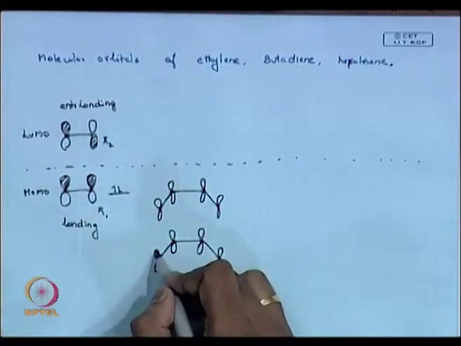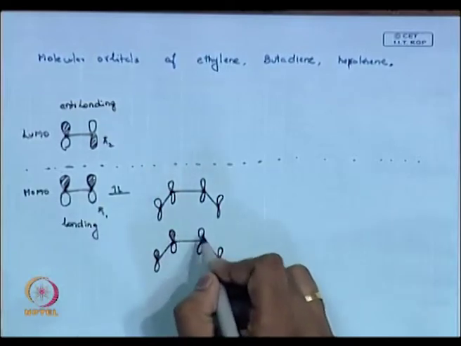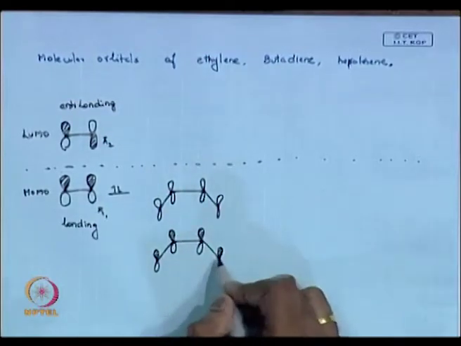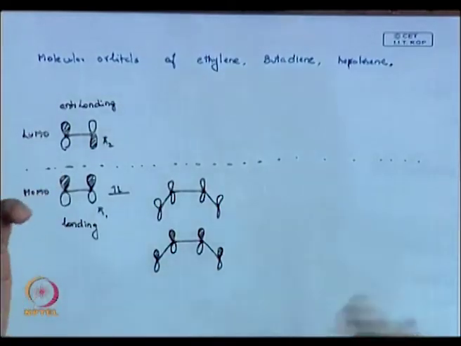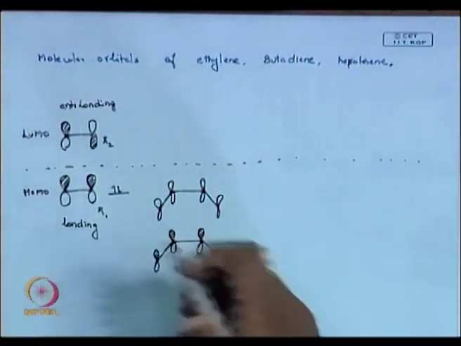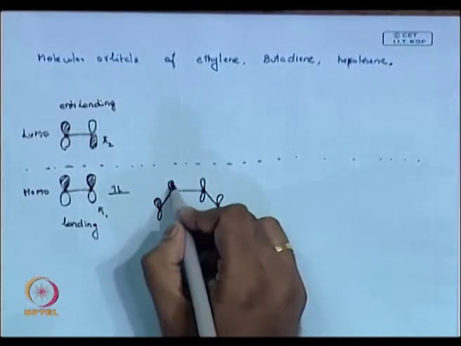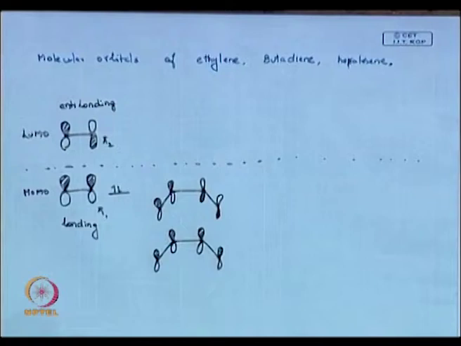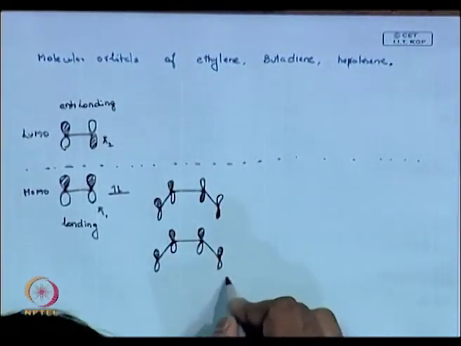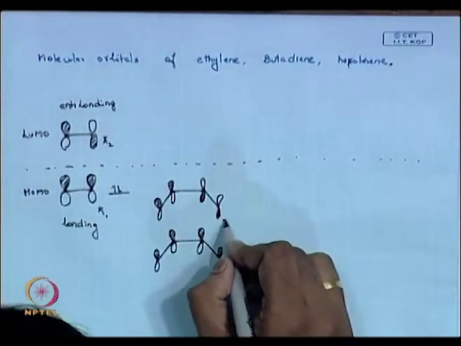Then you can get this ethylene with the same phase, or you can have the phase the different way. Then you get the downward. So, you can build up from it, so it is pi 1 and pi 2.